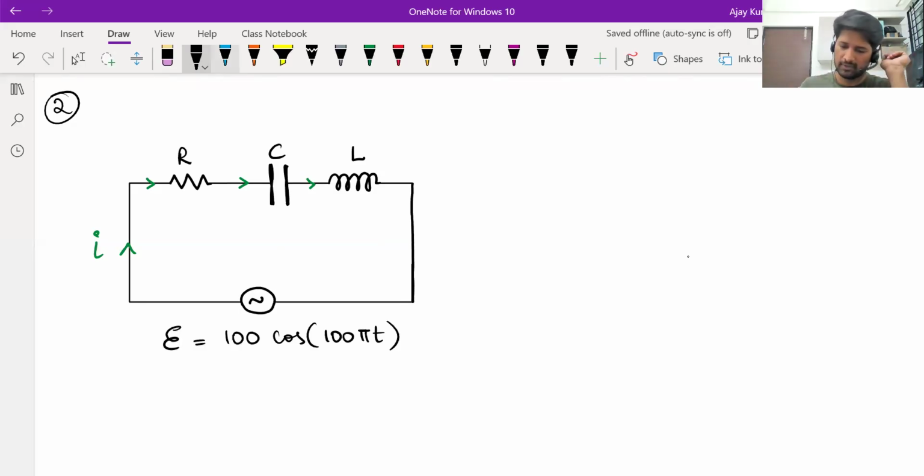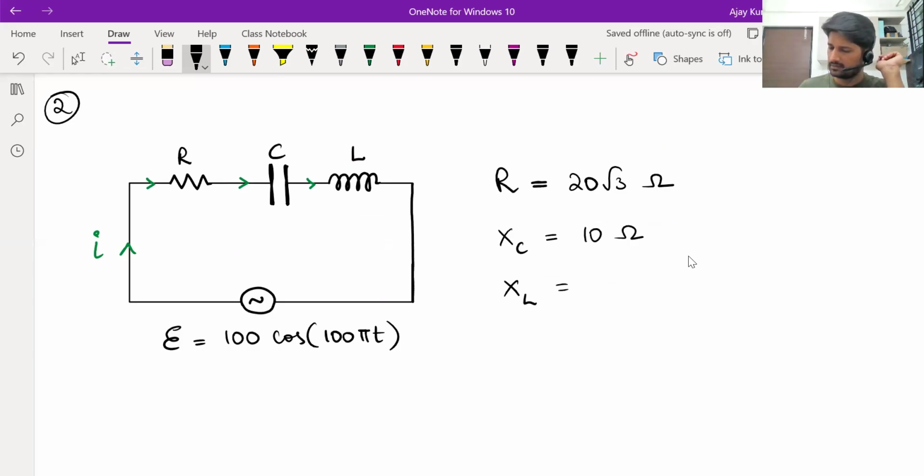At this value of omega, R will anyway be fixed always. Let it be 20 root 3 ohms. Let's say XC is 10 ohms. XL is 30 ohms.